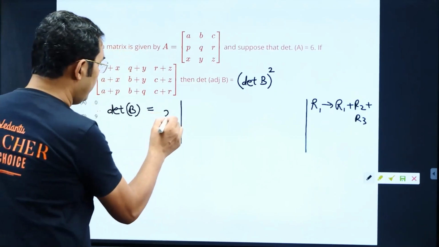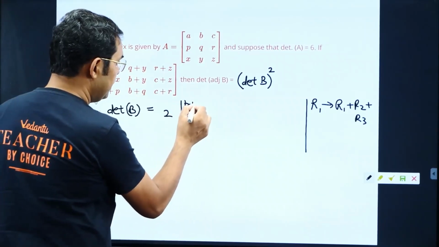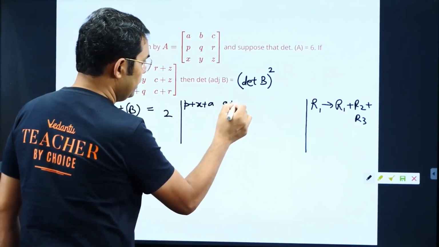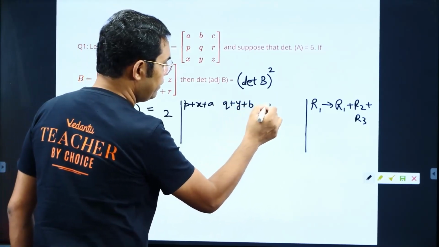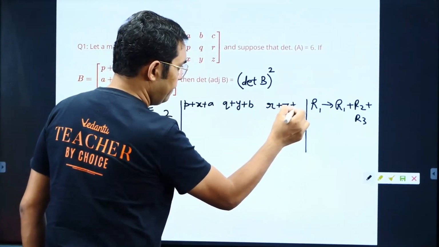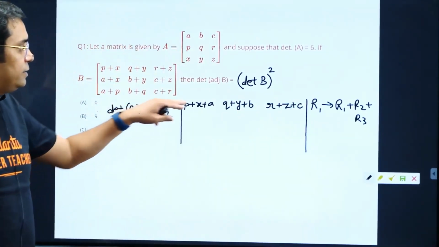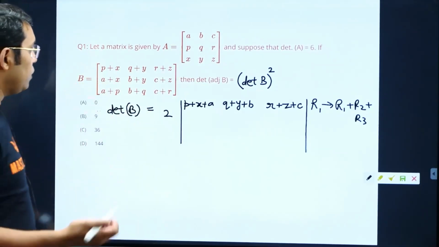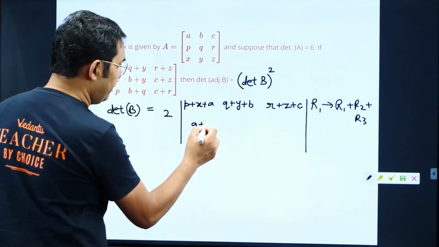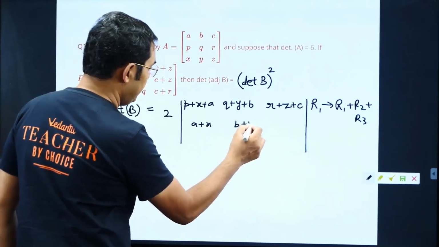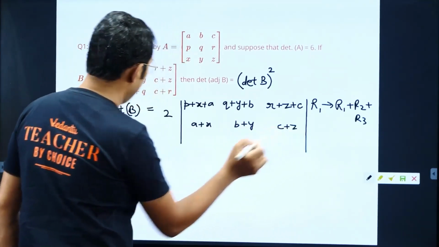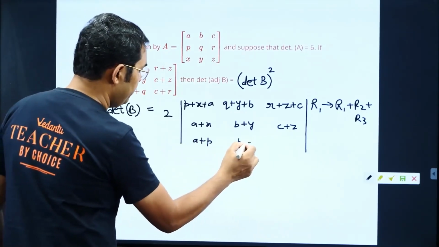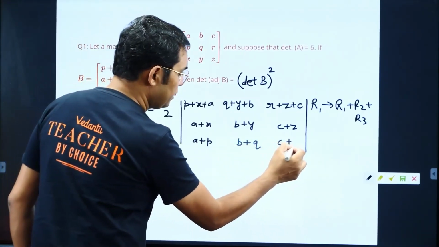We can take 2 common, so it will become P plus X plus A, and here it will be Q plus Y plus B, and here it will be R plus Z plus C. So these are the elements of first row. Second row, third row I am not changing, so it will be A plus X, B plus Y, and C plus Z. Similarly, A plus P, B plus Q, and C plus R.